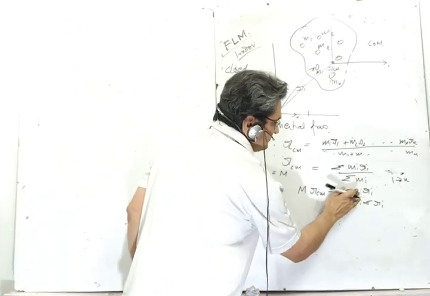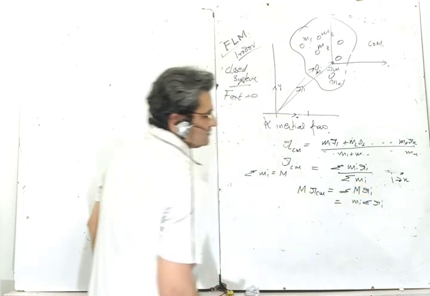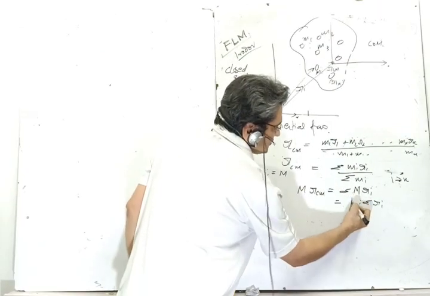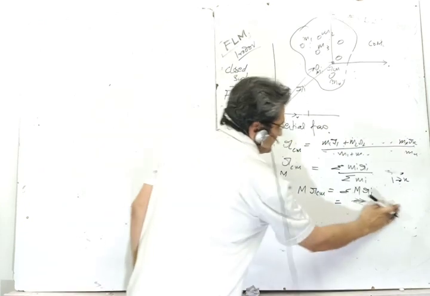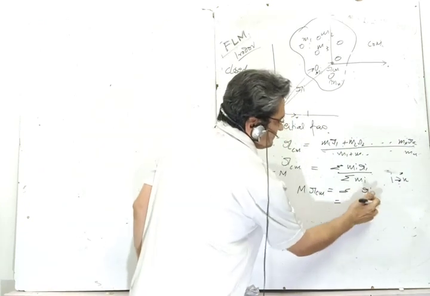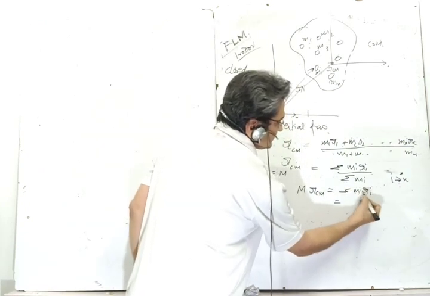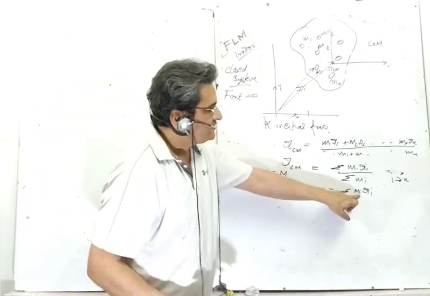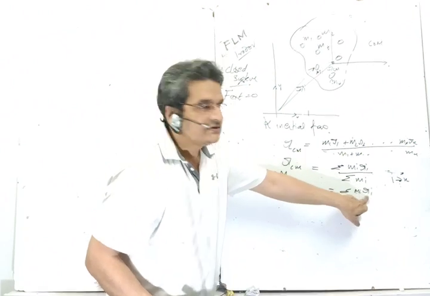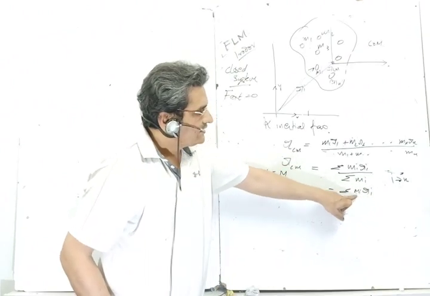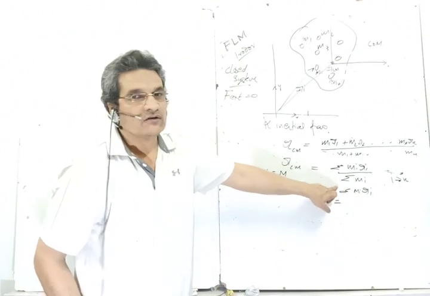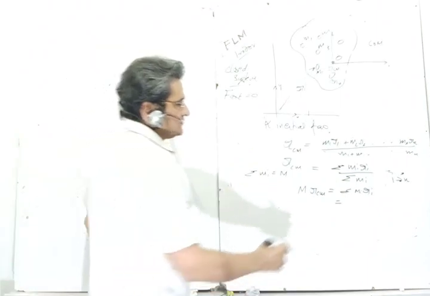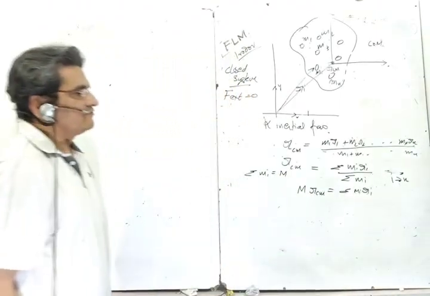Had it been M total into ri, then you could have taken M out of this sigma. Otherwise, if it is variable with r, mass is not constant. Though each mass is constant, in this equation mass is linked to the distance. So in such formulas, don't take this out of the sigma. So this is my one equation.